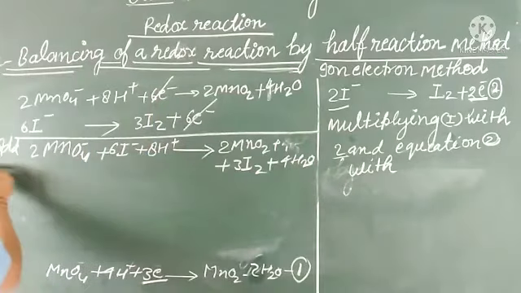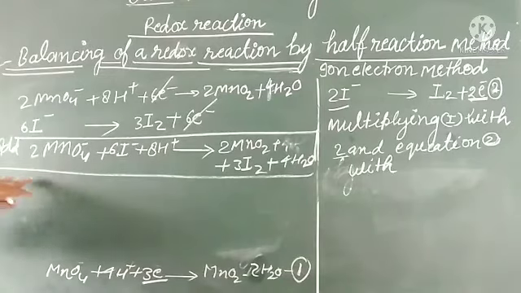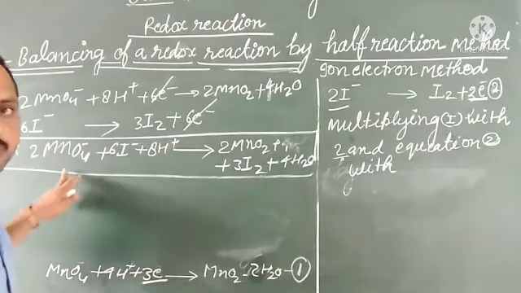So this is the balanced equation. After adding, we get this, and this is the balanced equation.